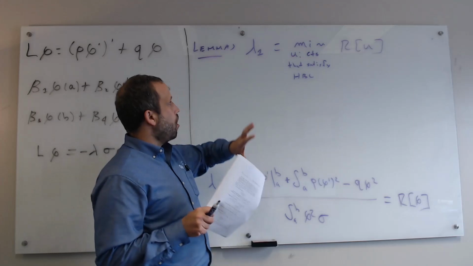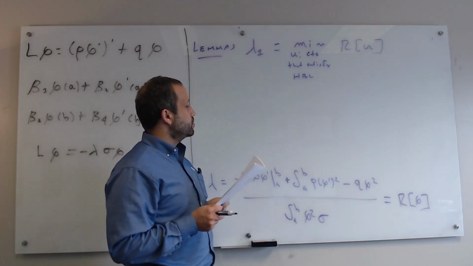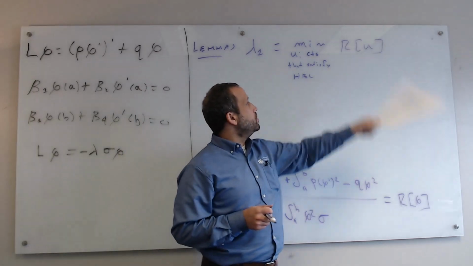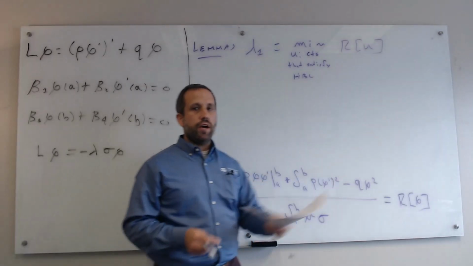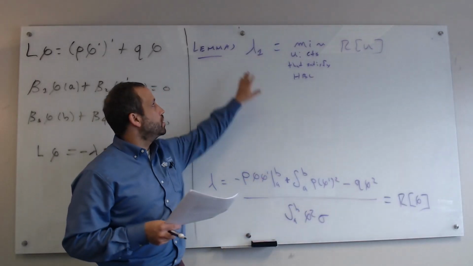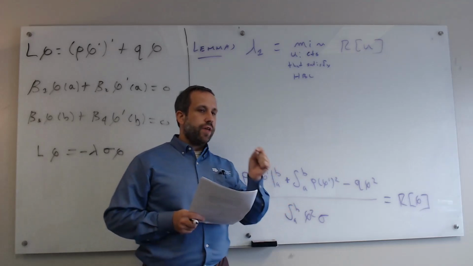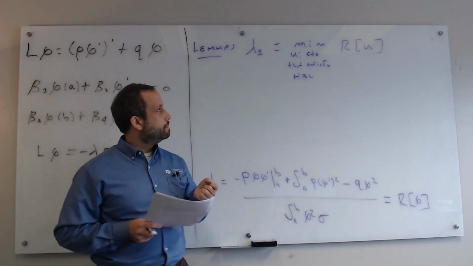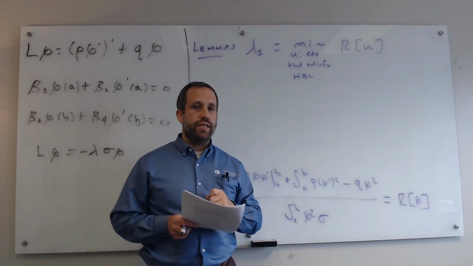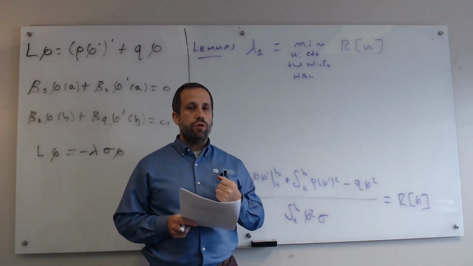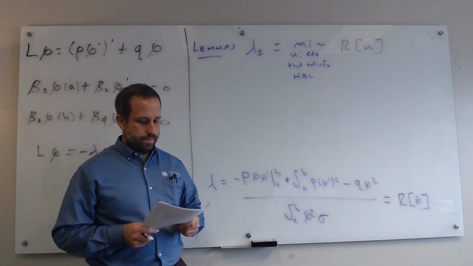So I'm going to look at all non-trivial continuous functions that satisfy the homogeneous boundary conditions, compute the Rayleigh quotient of each function, and the smallest one of those is going to be equal to lambda 1. So if you take any such function and compute the Rayleigh quotient, you know that lambda 1 is going to be smaller than that.